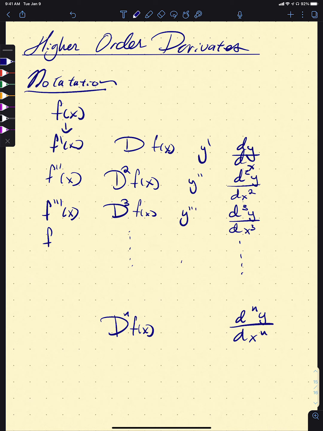After 3, it stops being f quadruple prime. It's just the fourth derivative, right? In parentheses here, right? To distinguish from f cubed, right? It's f with these parentheses, the nth derivative of x, and the nth derivative of y, okay?